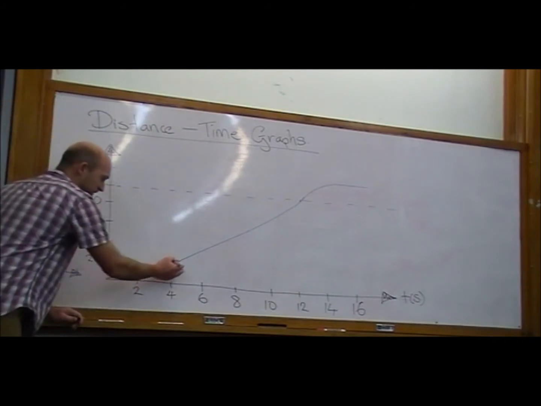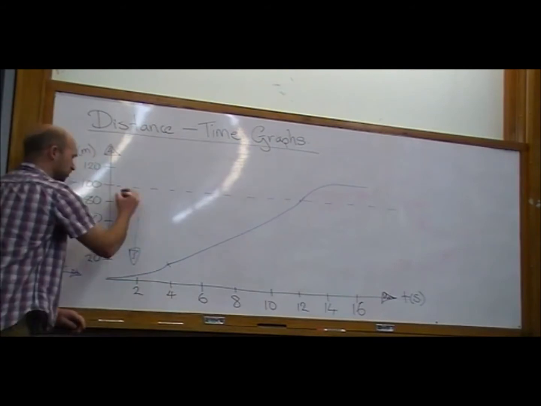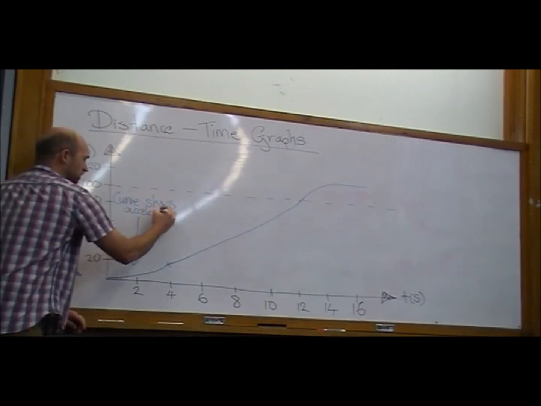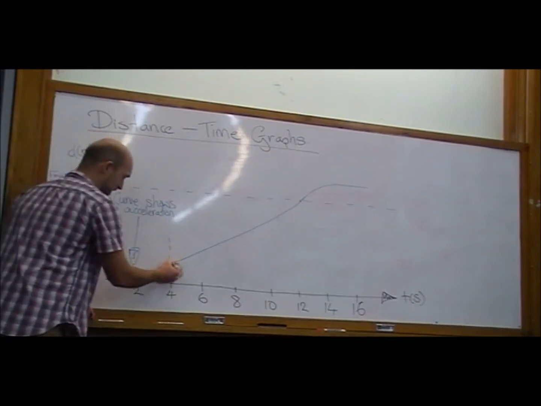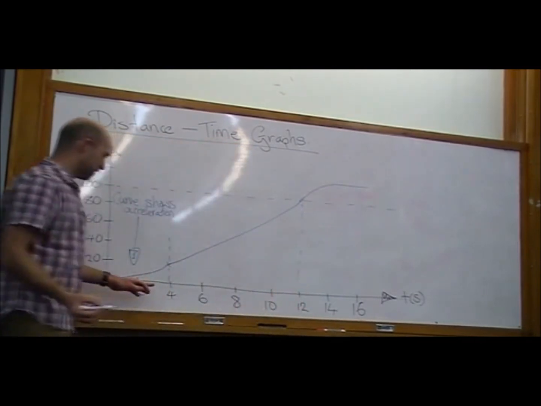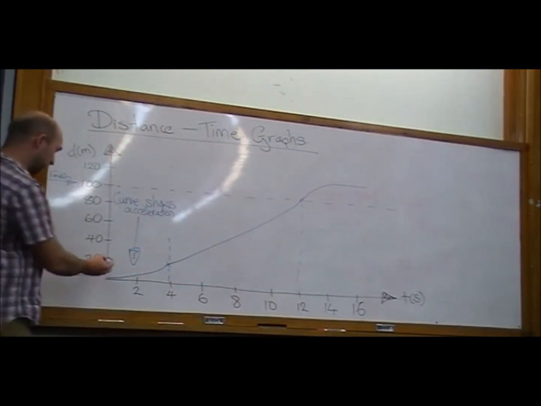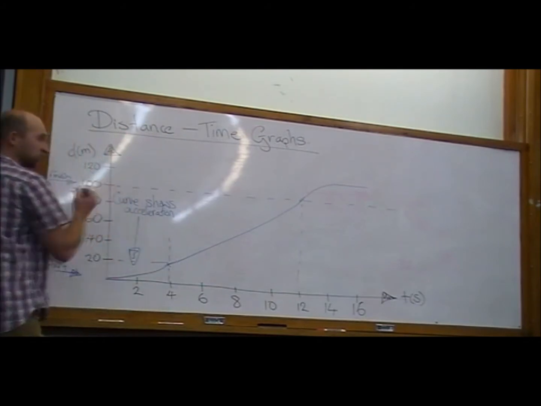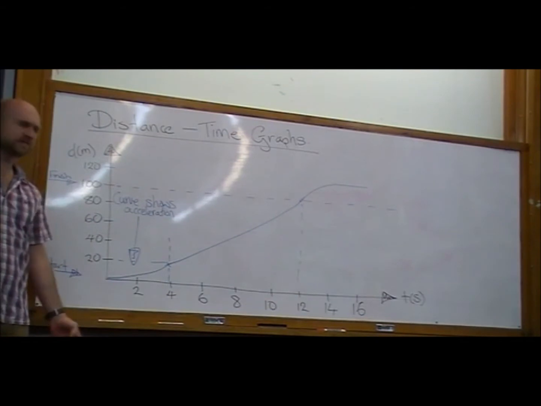And so this first section here, where it's curved, the curve shows acceleration. And then this section here, from 4 seconds up to 12 seconds, we've gone from 20 metres up to 100 metres. How far have we travelled in those 8 seconds?